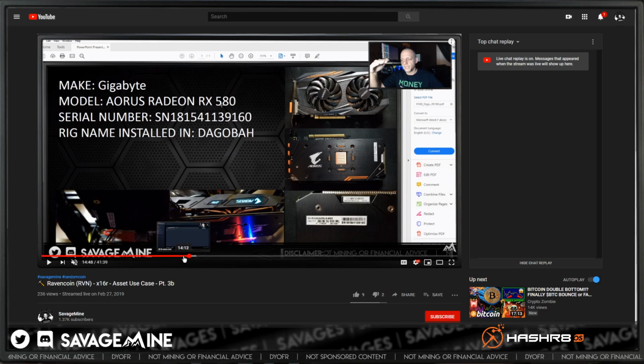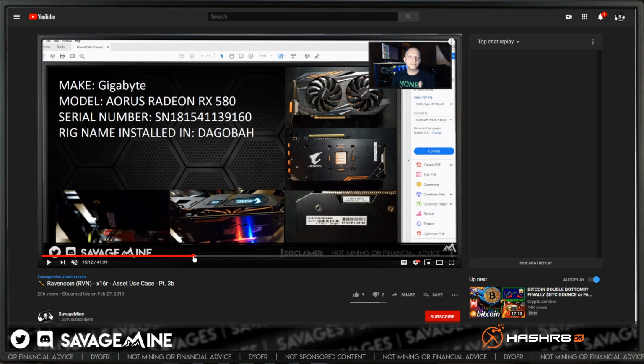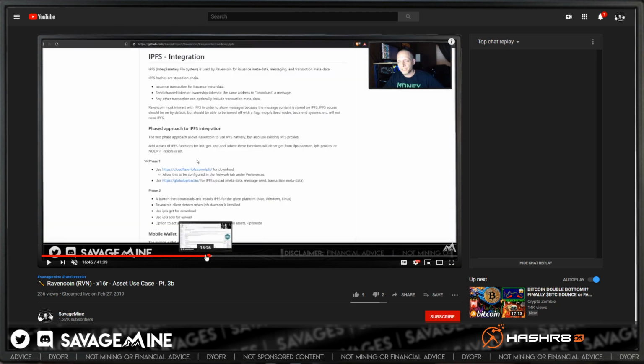So it's kind of a real quick little use case specific to me and my environment, I guess you could say. So check that out if you're interested in IPFS and how it applies to the Ravencoin network and storing asset data and things like that.